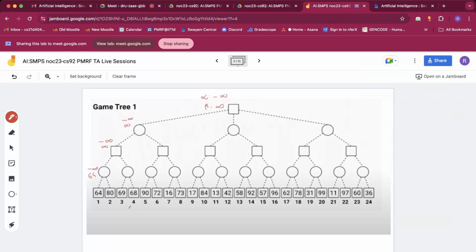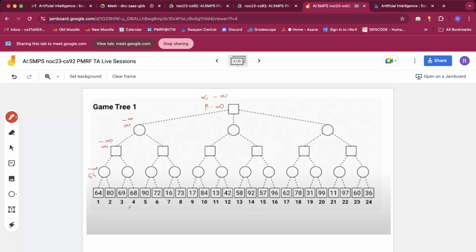Now that this set of alpha and beta values for this min node has been updated, it will pass on this set of alpha and beta values when it looks at its 80 child.